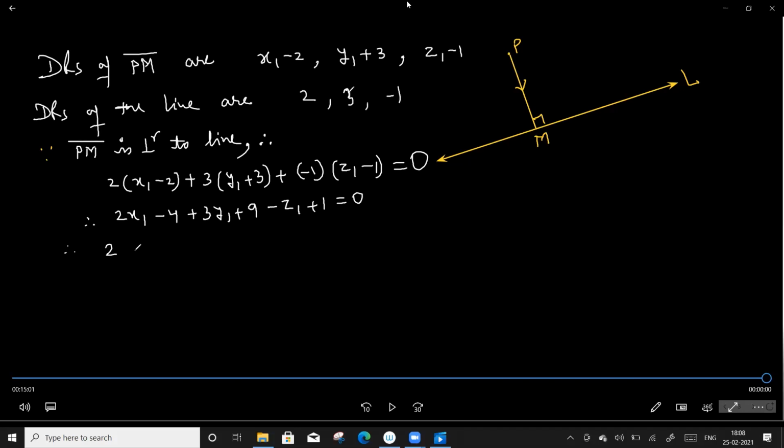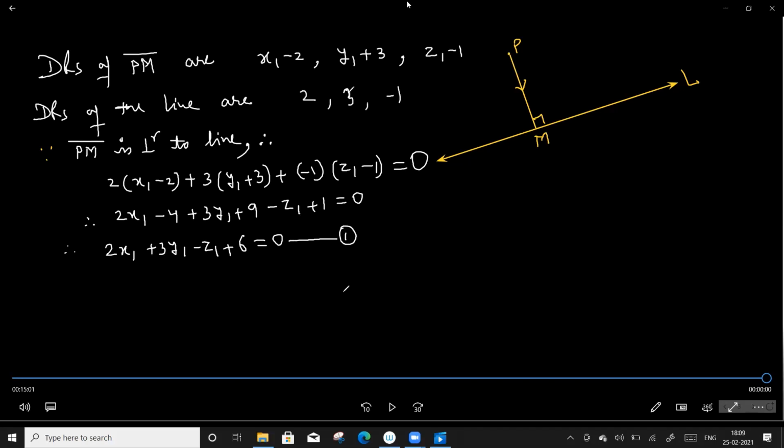Therefore 2x1 plus 3y1 minus z1, and 9 plus 1 is 10, 10 minus 4 is 6, so plus 6 equals 0, and this is my equation number 1.